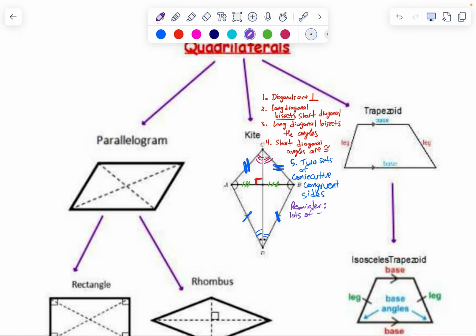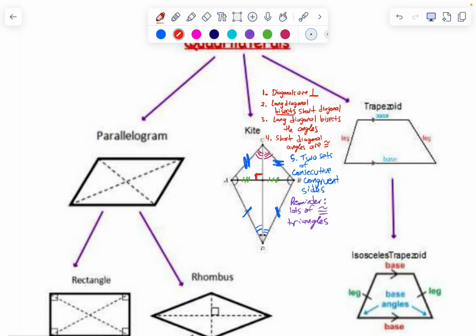Lots of congruent triangles. All of these things allow us to solve. Again, because of the right angle, if you want this as a reference here, it might be helpful. You will use the Pythagorean theorem with kites. So you could put a reference to that right here.